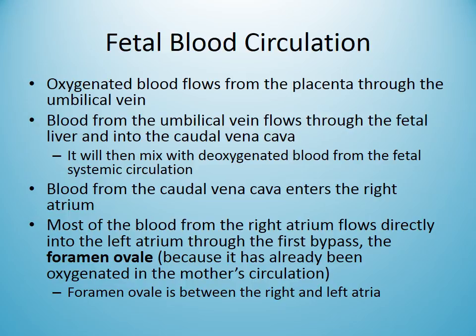That first bypass is called the foramen ovale, because the blood has already been oxygenated by its mother, so it doesn't need to make its way to the lungs, which are completely not functional in this fetus. It will just bypass that, and where the interatrial septum usually would be, there's an opening called the foramen ovale, between the right and left atria.